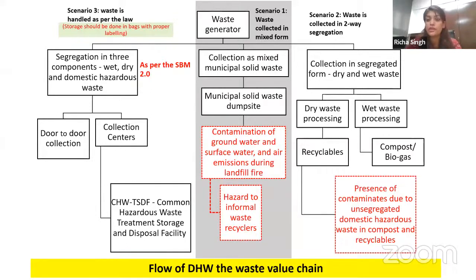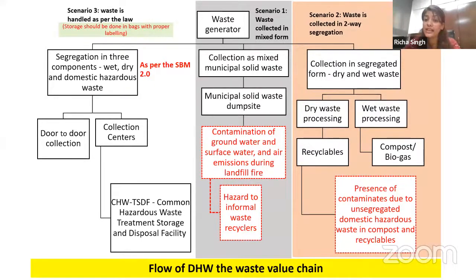There will be some informal recycling happening over there, but most of it will ultimately reach the dump site, where there is potential of contamination of groundwater and surface water and air emissions because of this domestic hazardous waste, and it will also eventually cause hazard to the health of informal waste recyclers who are working in the dump sites.